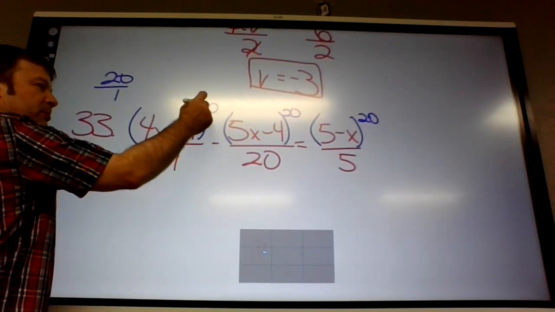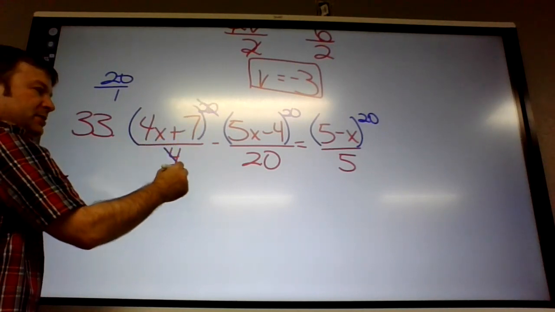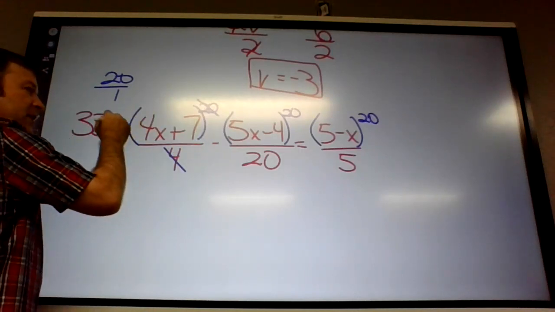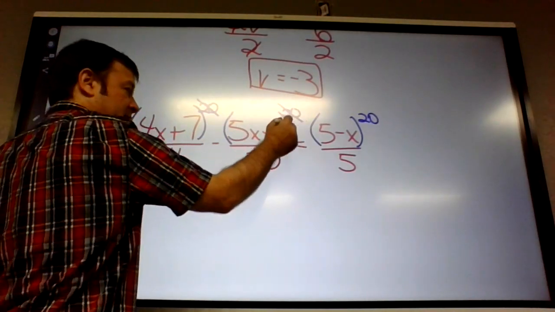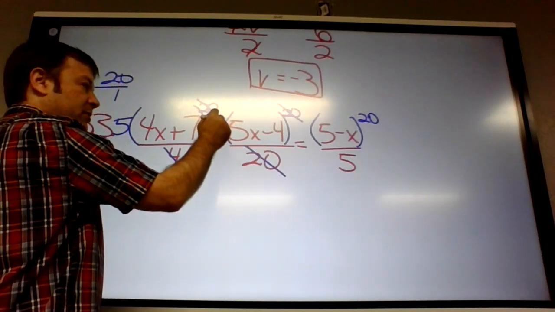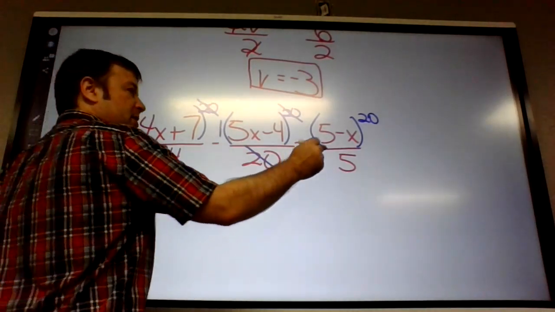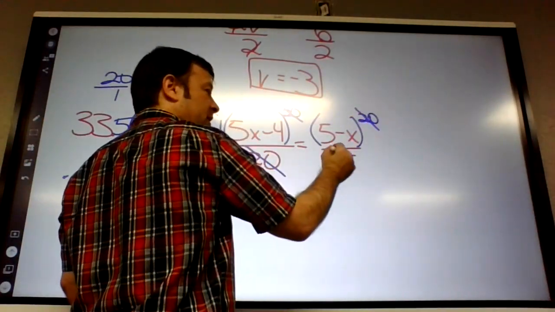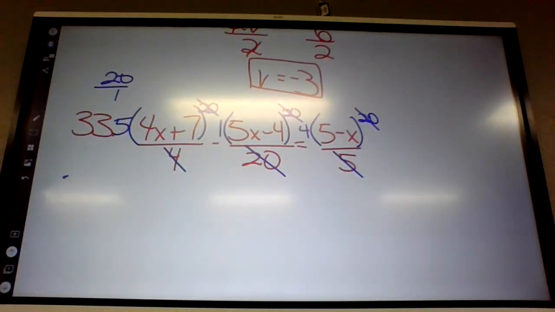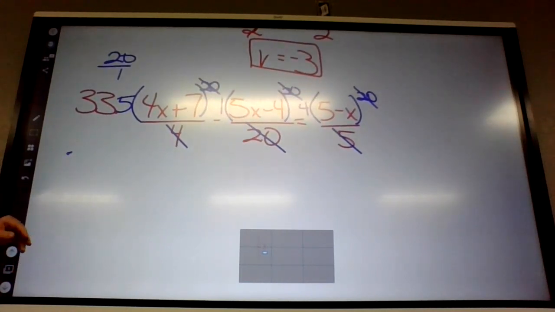Yeah, the reason we're multiplying by 20 is because 20 reduces with all these divisors. Times 20 divided by 4 makes 5. 20 divided by 20 is 1, so you can put a 1 there or not. 1 times that doesn't really change it. 20 divided by 5, 4. So what happened is all our denominators canceled out, which is what we wanted.